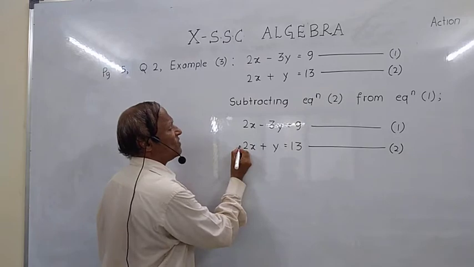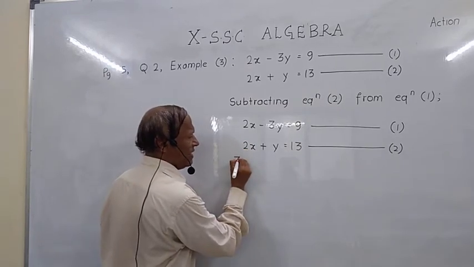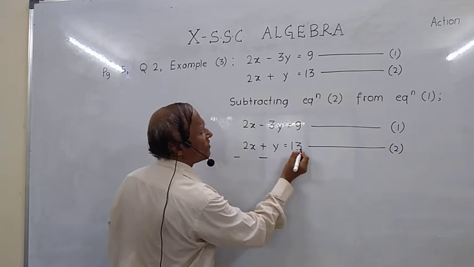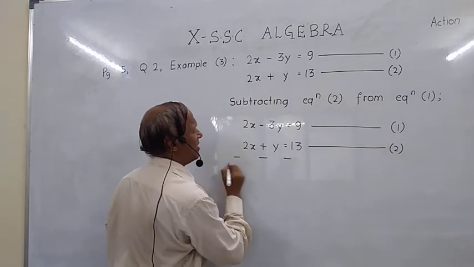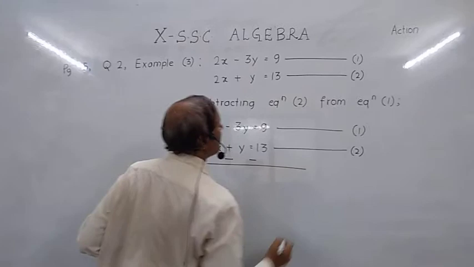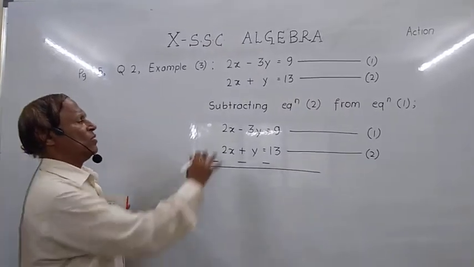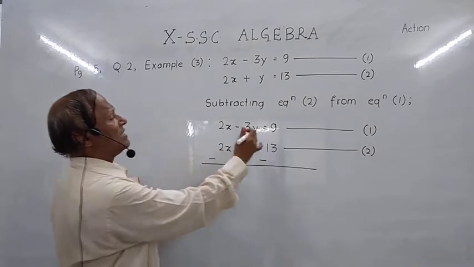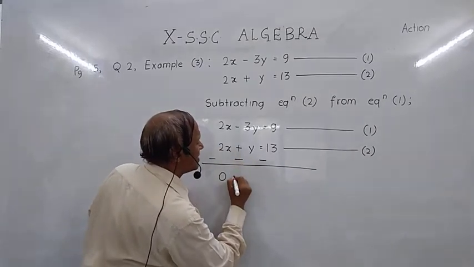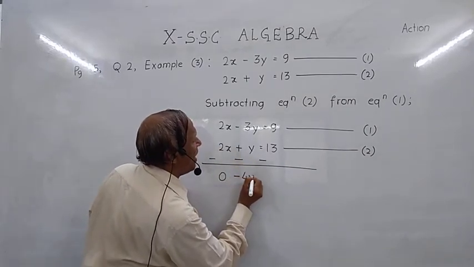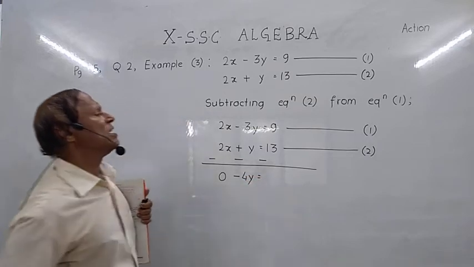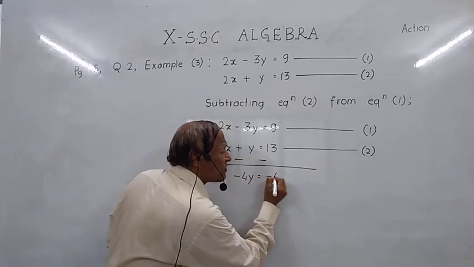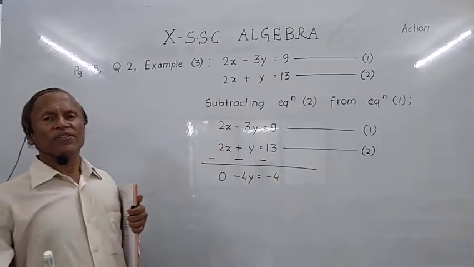Now, sign of this is plus, so I am making it minus. Sign of this is plus, I am making it minus. Sign of this is plus, I am making it minus. Now, I am adding them. 2x minus 2x is 0. Minus 3y minus y is equal to minus 4y. 9 minus 13 comes out to be minus 4. Is it okay?